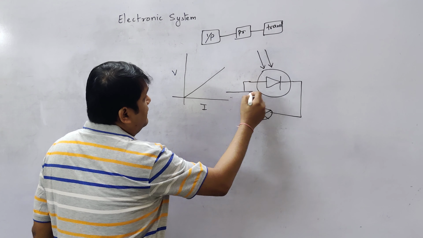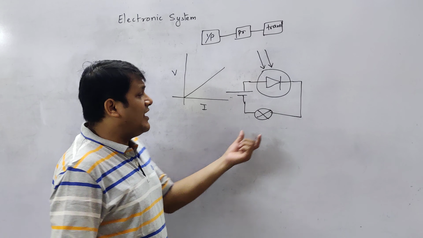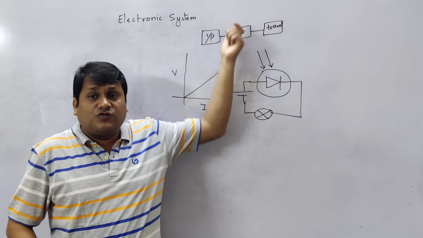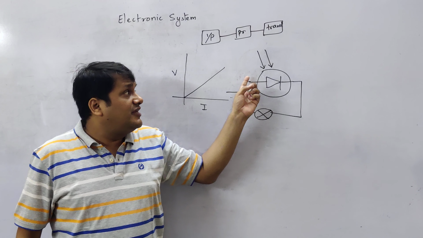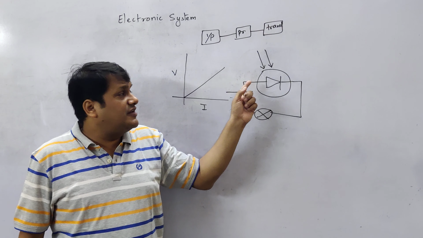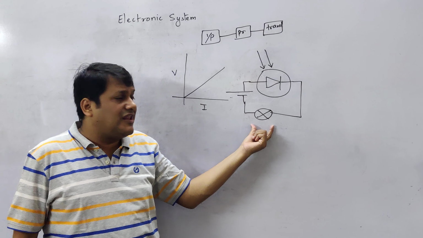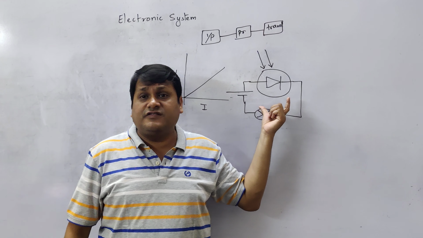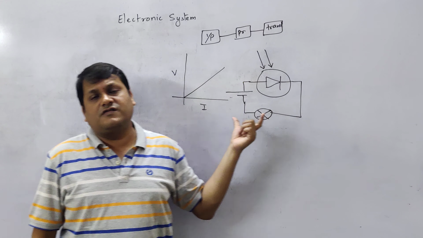I connect positive, but still the lamp is not glowing unless light falls on this window. As soon as the light falls on this window, the resistance decreases. If the resistance decreases, the current increases and the lamp glows. You can use these LDRs in burglar alarm circuits also.